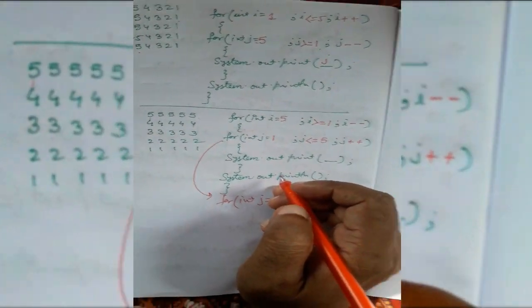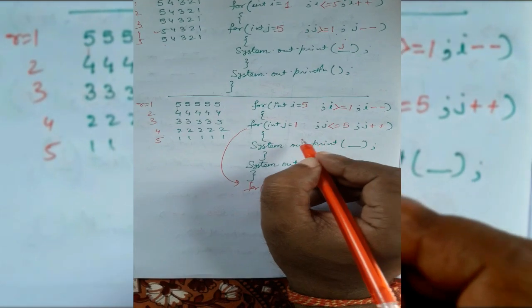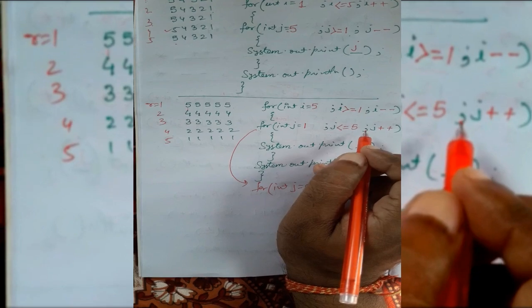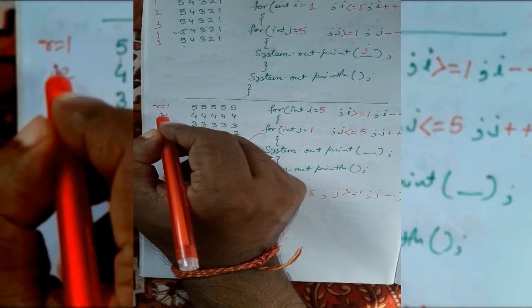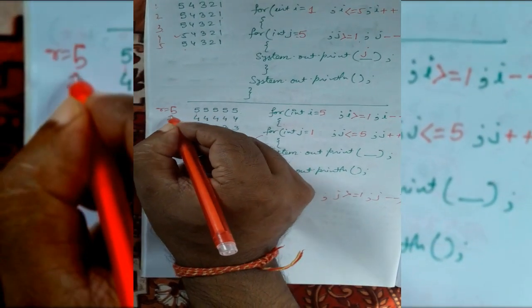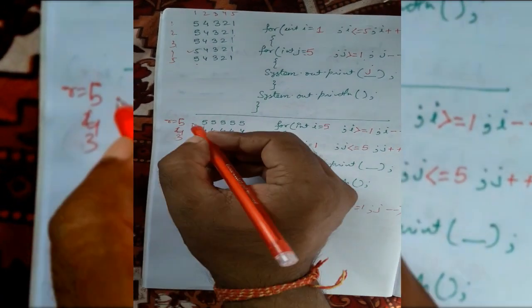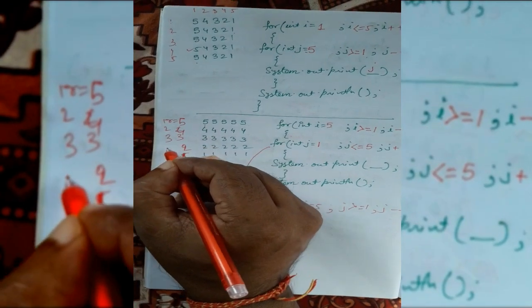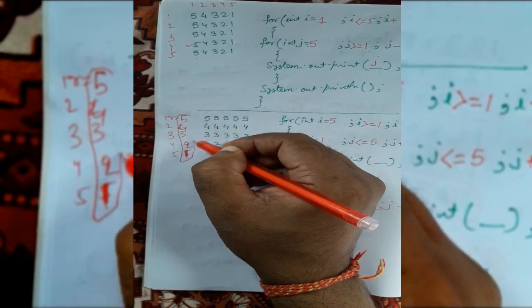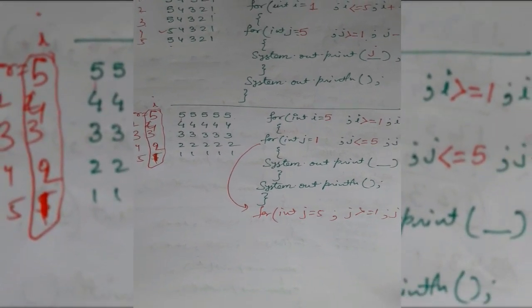Now the main part is the printing part. What will we print? When I is 5, J will execute 5 times. When J is executing 5 times, what will it print? Suppose just on the opposite side I am writing 5 4 3 2 1. We will start counting from here, 1 2 3 4 5 obviously, but we have given the row name as 5 4 3 2 1, this is the row name I. When the row name is 5, it is printing five 5s.